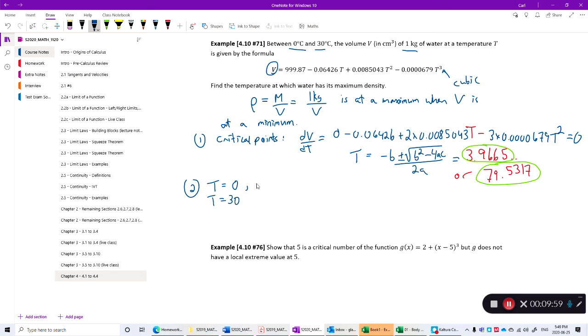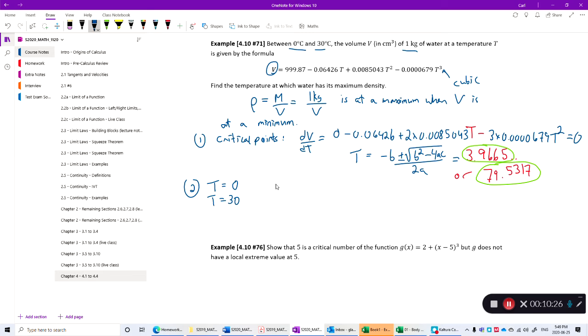So at t equals 0, we get V equals what? Let me clarify something. We have the 4 possible t's where the volume could be a minimum, and now we're going to check the volume for all 4 of those.